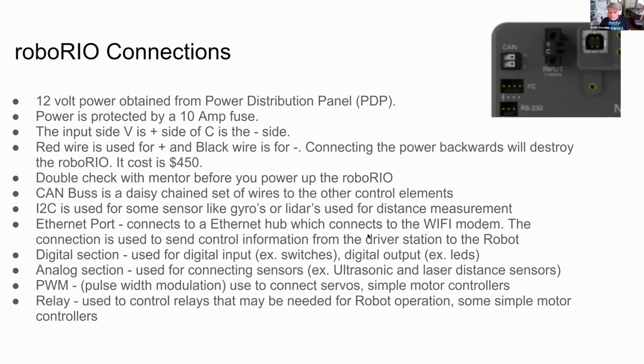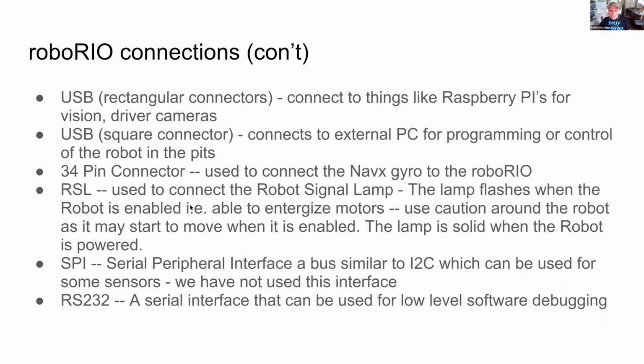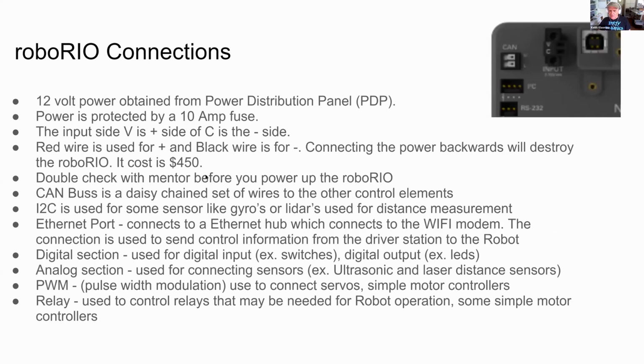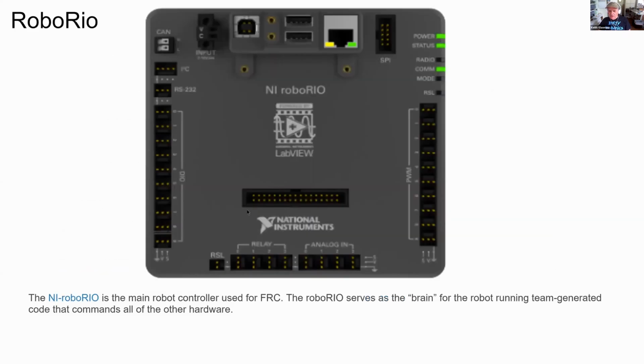But typically we control motors over the CAN bus, and we'll learn about that as we go into it a little bit more. Okay, I think we've talked about this, the rectangular connections, the USB connections, the 34-pin connector, that's this thing right here.